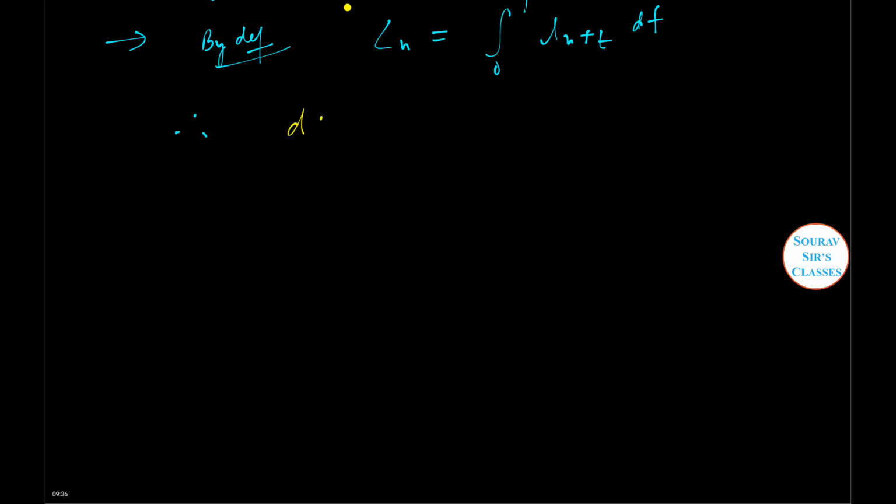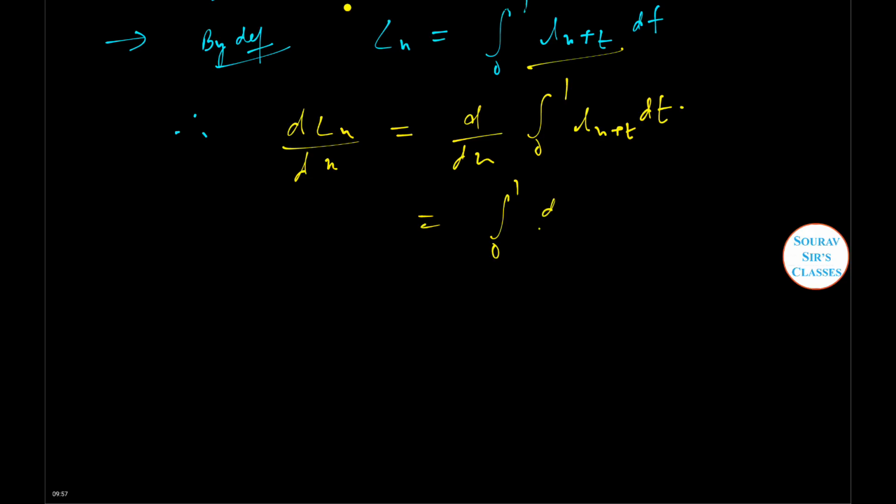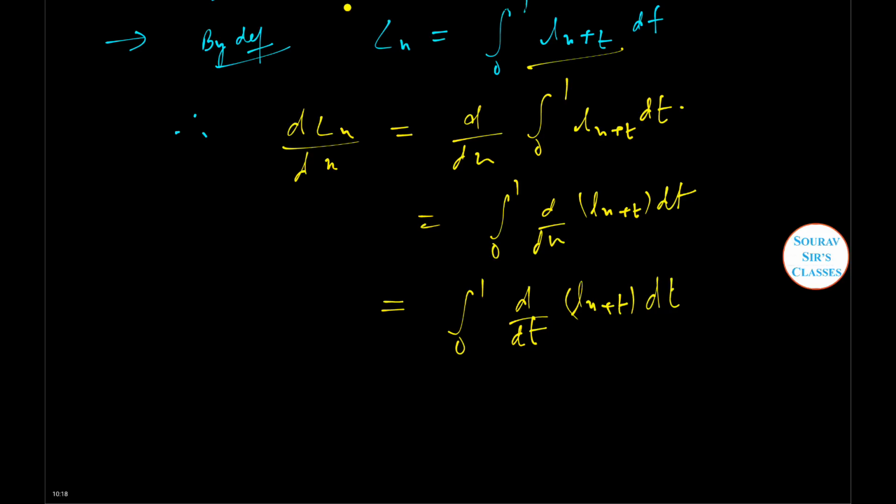Now, taking the derivative of the RHS with respect to x, that is d/dx of integral 0 to 1 Lx plus t dt, this can also be written as integral 0 to 1 d/dx of Lx plus t dt, which is further equal to integral 0 to 1 d/dt of lx plus t times dt.